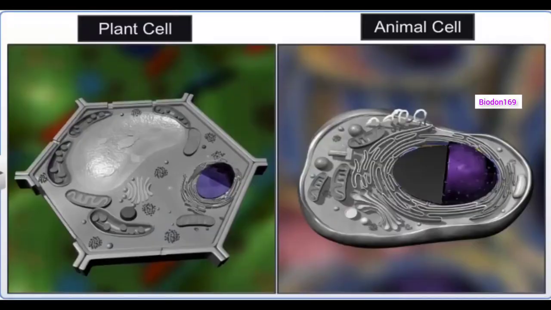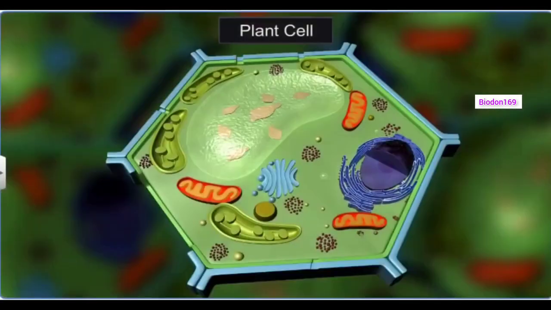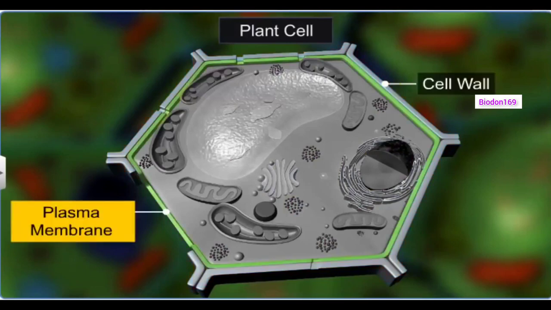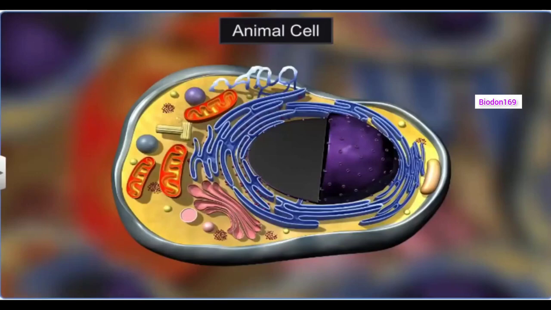A plant cell, for instance, is surrounded by a distinct cell wall on the outside and a plasma membrane on the inside. Whereas an animal cell lacks a cell wall and has a plasma membrane instead that forms the outer cell boundary.